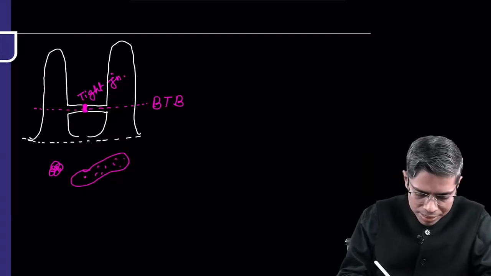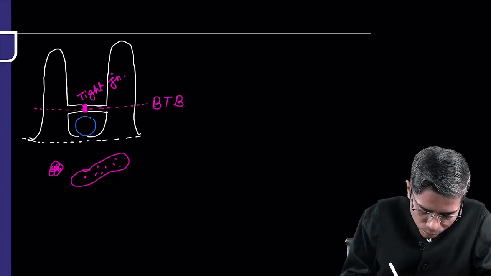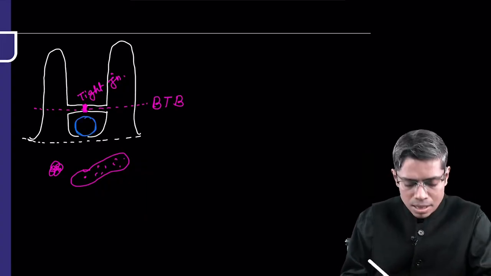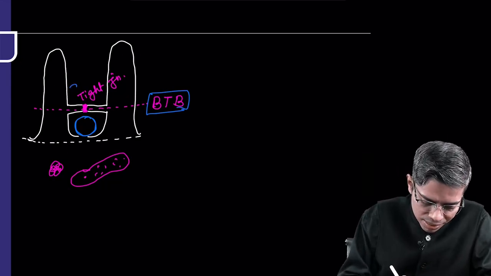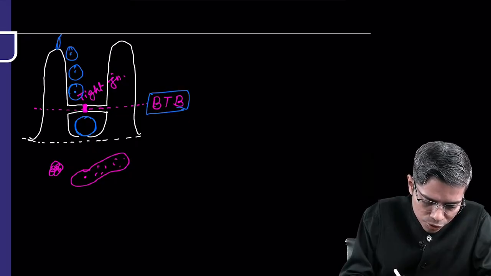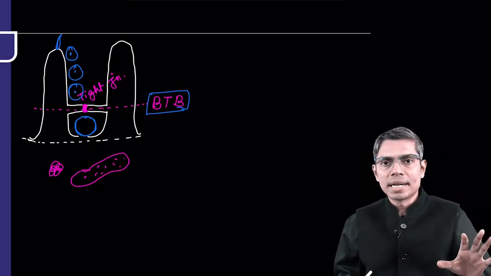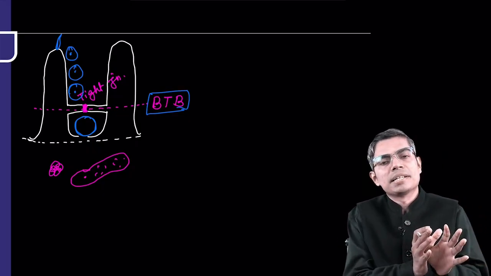I told you already that spermatogonia is located outside this blood testis barrier, but all other cell stages, like primary spermatocyte, secondary spermatocyte, spermatid and mature sperm, are all located inside the blood testis barrier.